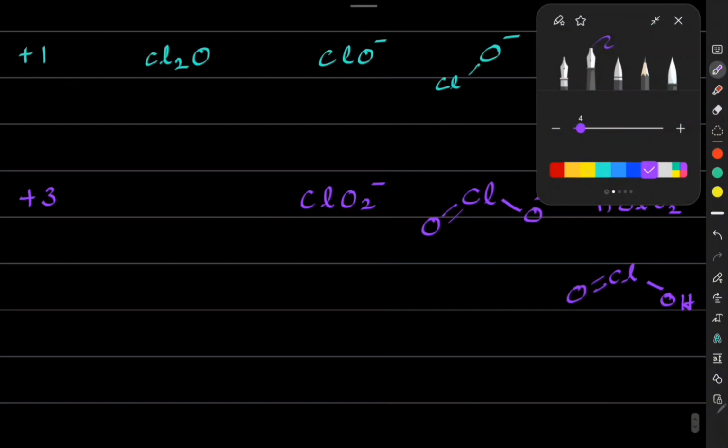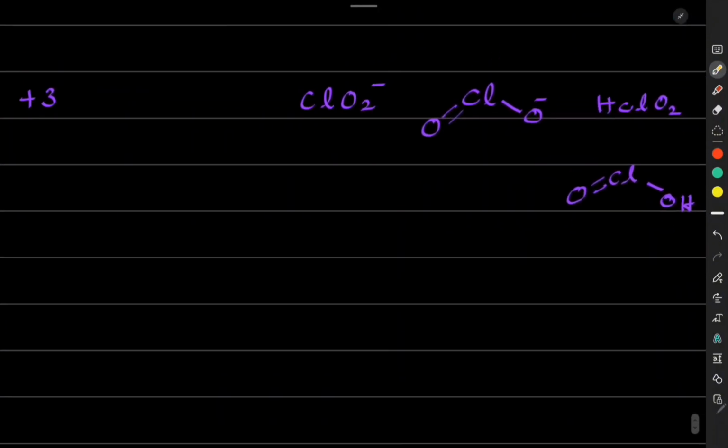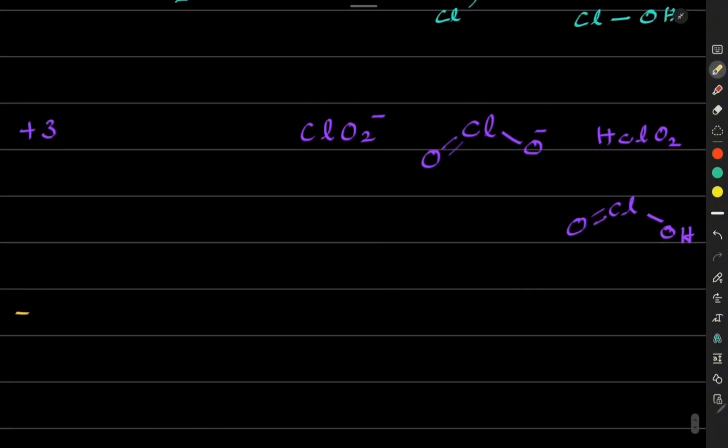Our next oxidation state is +5. The oxo anion formula is ClO3 minus.